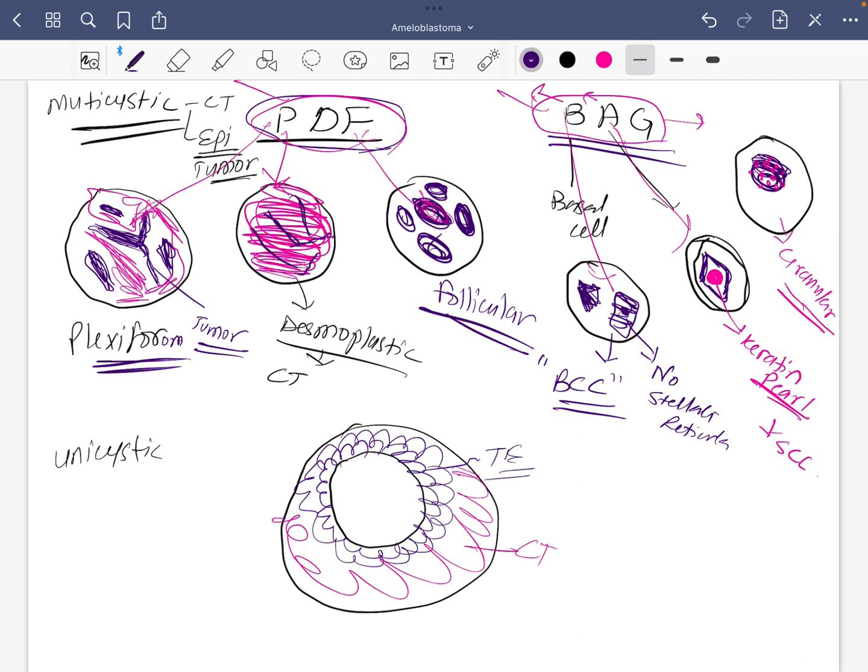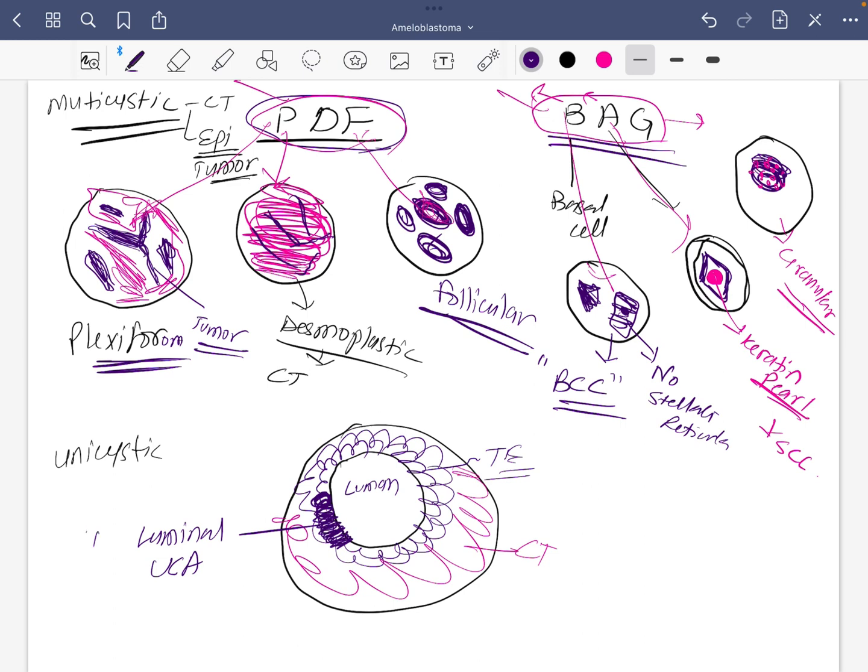And these are your tumor cells, basically epithelium, ectomesenchymal cells, right? Now what you have to differentiate is, this is your lumen. If the tumor cell is within the luminal wall, it's a luminal unicystic ameloblastoma.